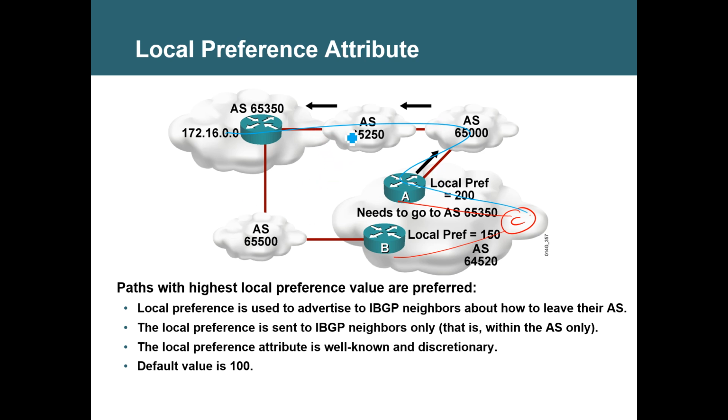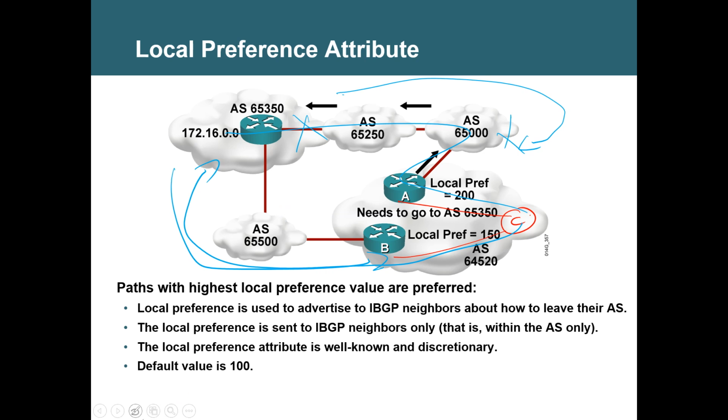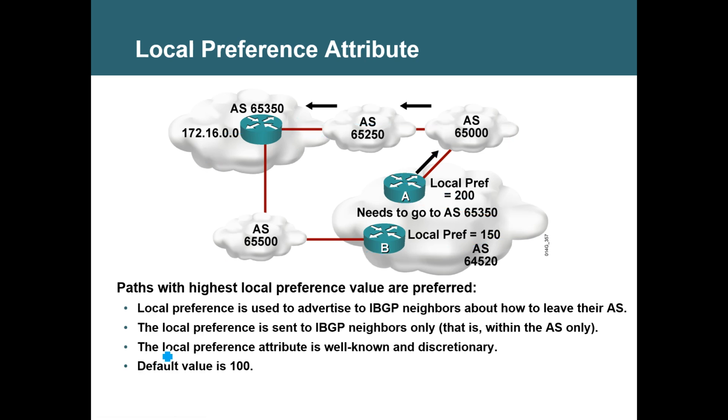For example, there is a cut here. So the route advertisement won't come. The route advertisement comes this way, but not the other way. So C will prefer going this way. That is automatic failover. You no need to do anything for that.